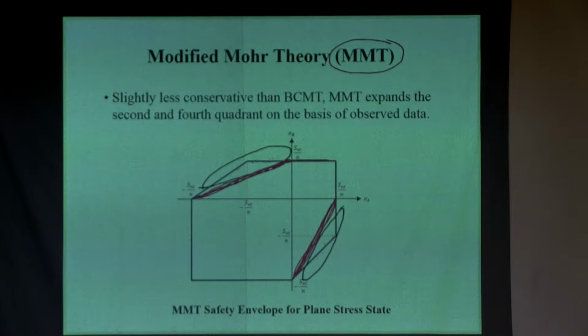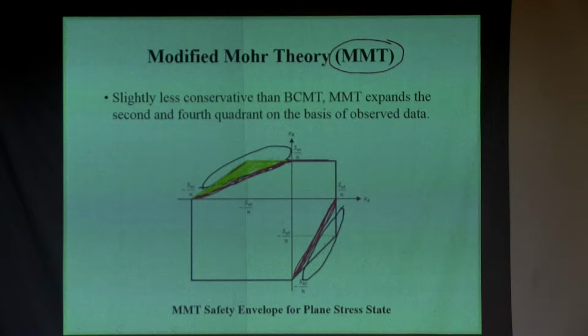How do they expand it? The expansion is actually this. If you look at it here, all of this is an extra area that is available according to the MMT. On the fourth quadrant, it's this yellow area right there.